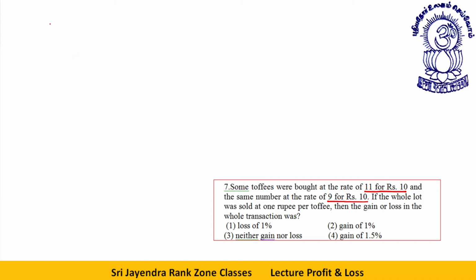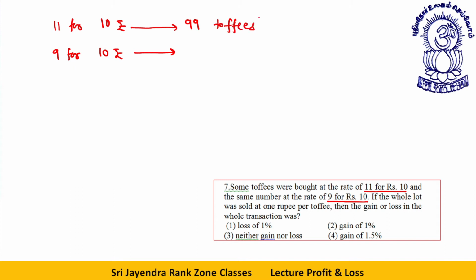Okay, see, one lot 11 for 10 rupees, then 9 for 10 rupees. Let's take a number which is LCM of both of these. What will I do? I suppose I bought 99 toffees of this type.